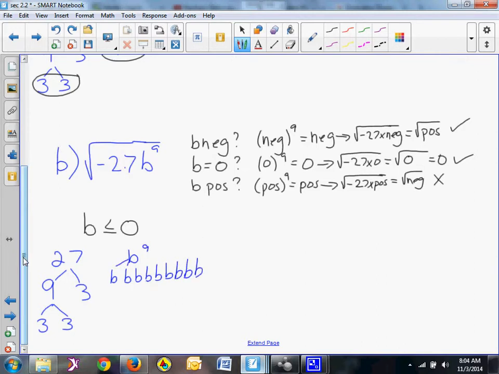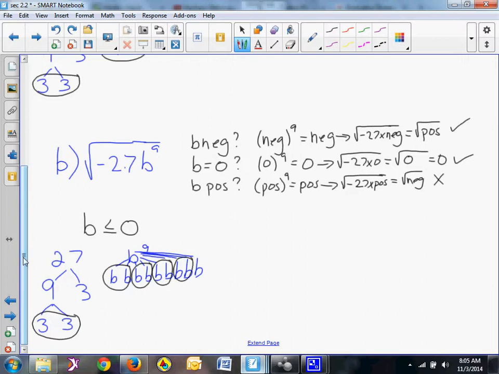Once you do these a lot, you probably won't have to factor b quite like this. Now, because I'm taking the square root, I circle my factors in groups of 2. I have two 3's here, but I only have one more 3, so I can't circle that 3. I have 2 b's, 2 b's, 2 b's, and 2 b's.